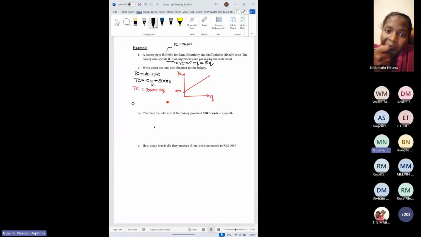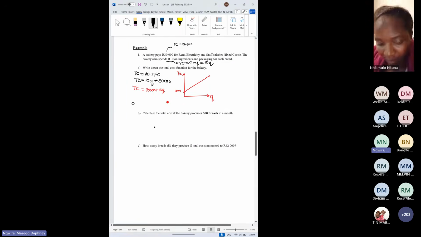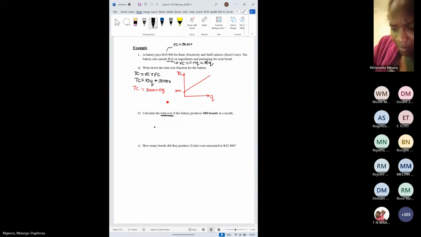Now we move on to the next one. They're saying calculate the total cost if the bakery produces 500 breads in a month. All right. So here we have to calculate the total cost. Because all these questions start from number one, you already obtained the function for number one.